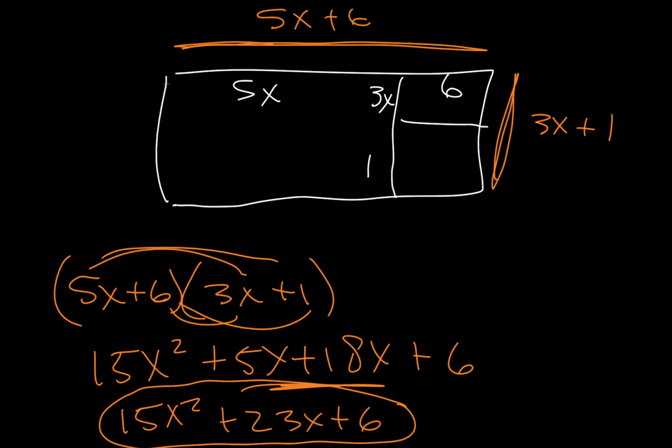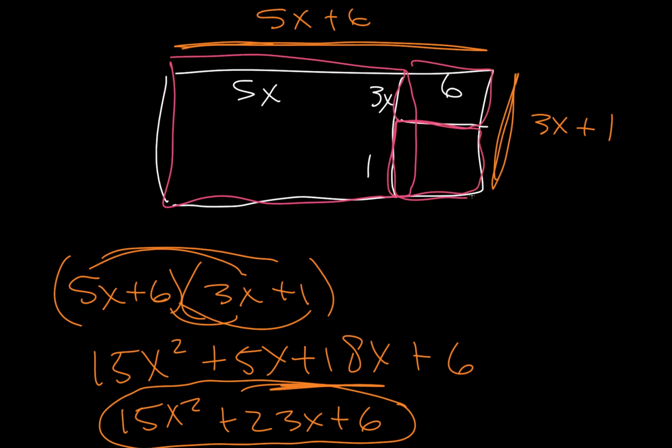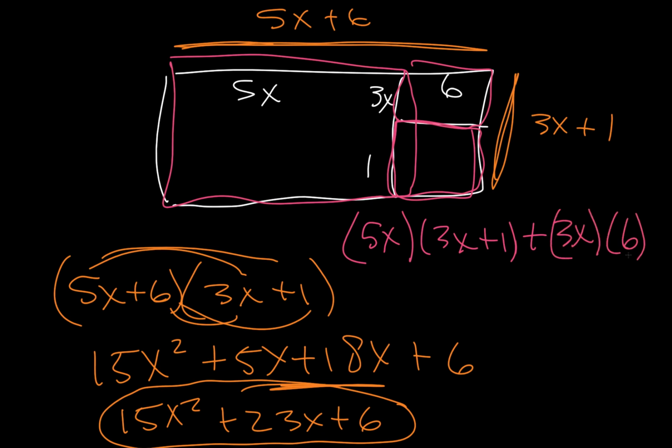Now the other way is to think of this like 3 separate rectangles, and then add them together. So the length of this is 5x, the height is 3x plus 1, then we're going to add that to this rectangle, which would be 3x times 6.